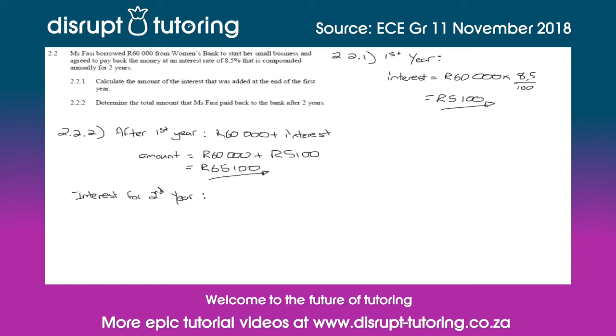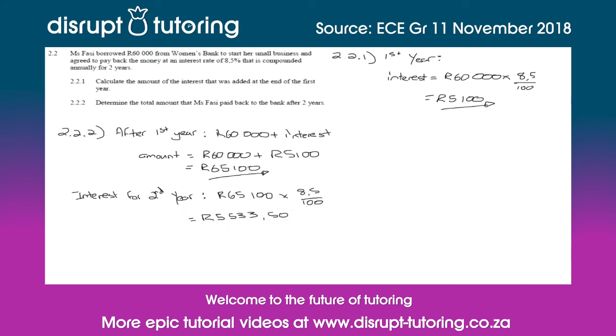But instead of using 60,000, we now have to use the 65,100 multiplied by the 8.5 over 100. So this comes to a total of 5,533 Rand and 50 cents. So in your calculators, you take this number multiplied by your 8.5%, and you get that this is your interest.